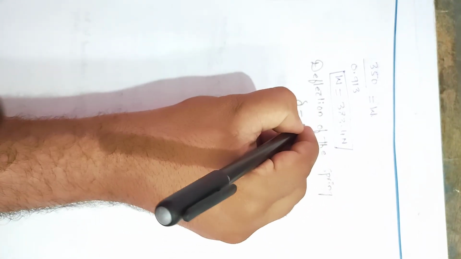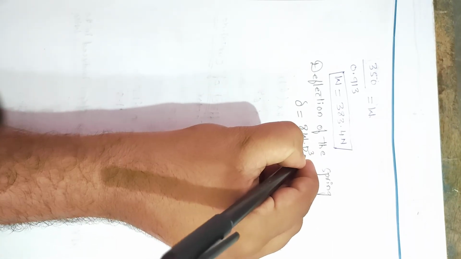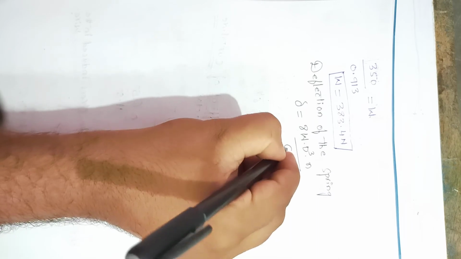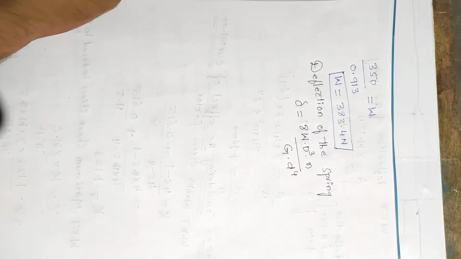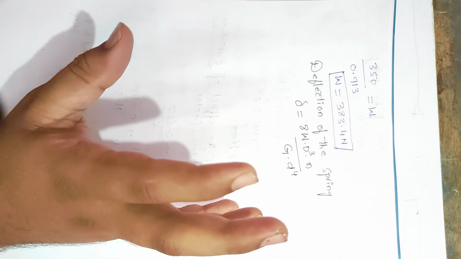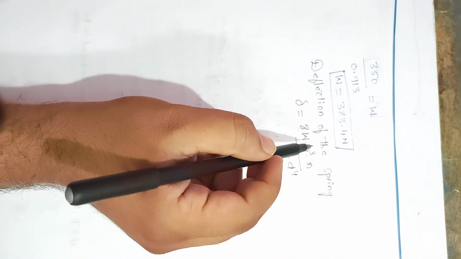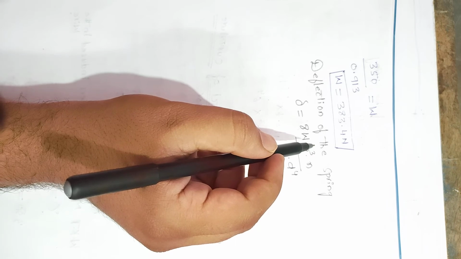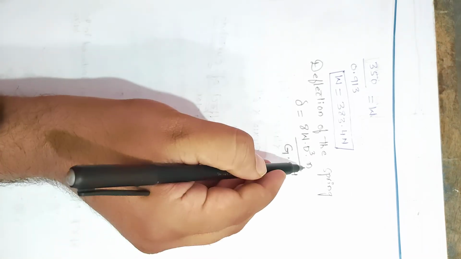Delta equal to 8 into W d cube into n by g into d power of 4. Is it right? So actually what we need to find out in this case is the deflection per active turn. So for that reason, if you want to find out the deflection per turn, then you need to divide by n, delta by n.